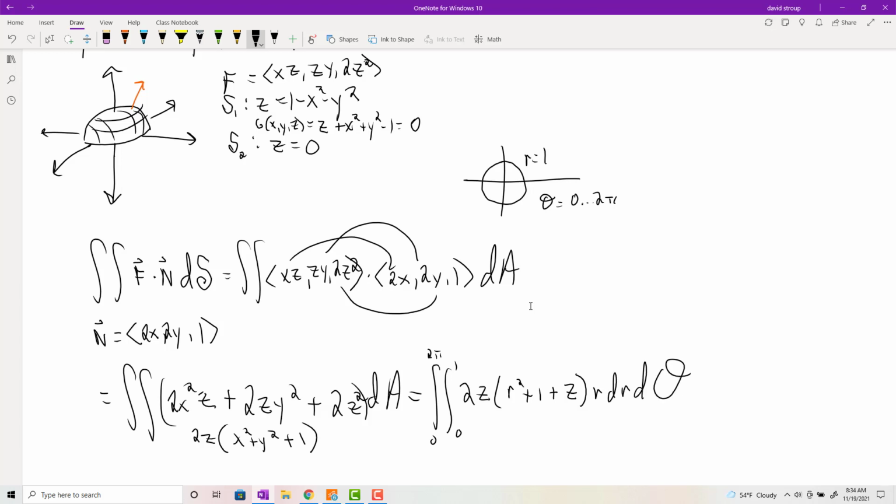I mean, that's got to be right. It's 2x squared z, 2zy squared plus 2z squared. I factored out the 2z, so I would have x squared plus y squared, which is r squared, plus... it should be r squared plus z, not r squared plus 1 plus z, it's just r squared plus z.